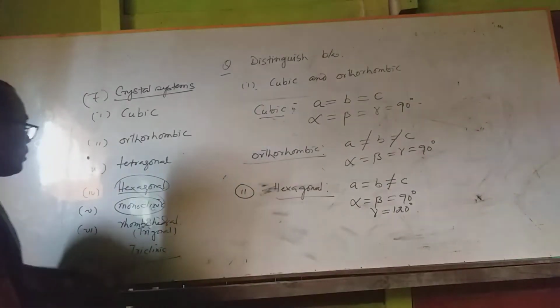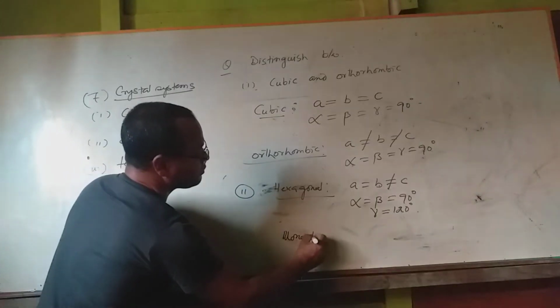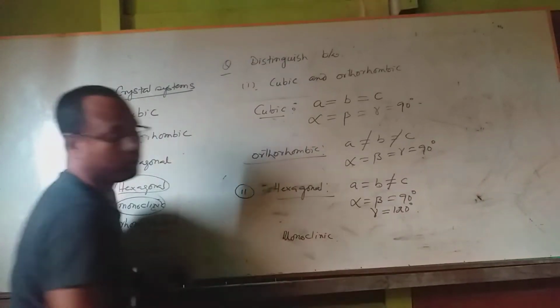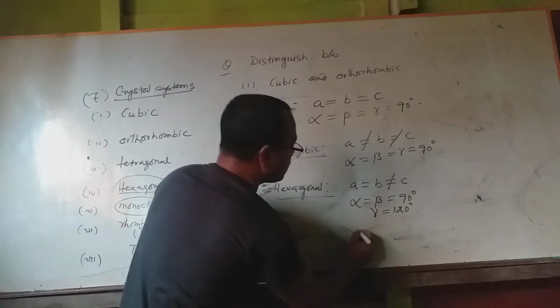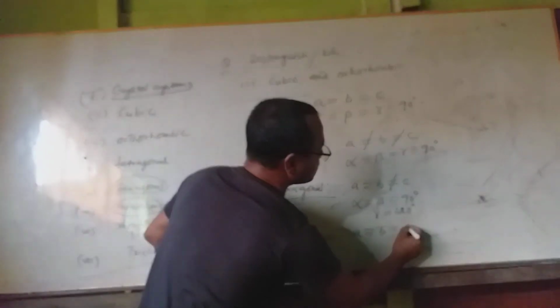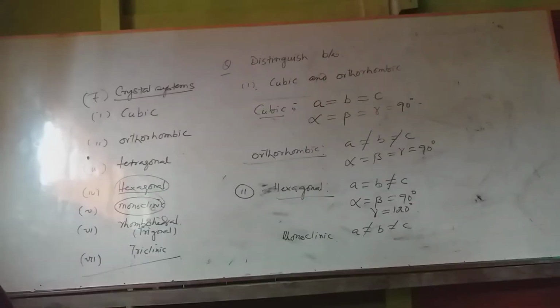But in the case of the monoclinic, what is the difference here? All these three sides are not the same. And what about the axial angles?